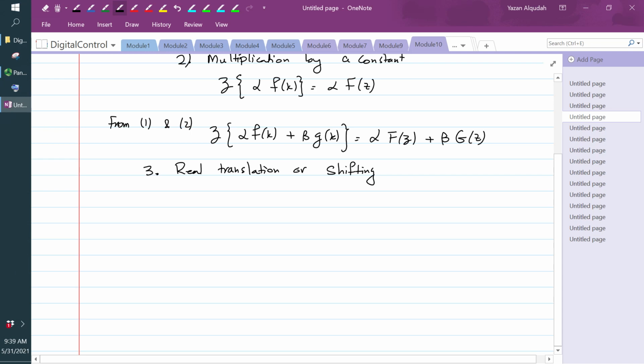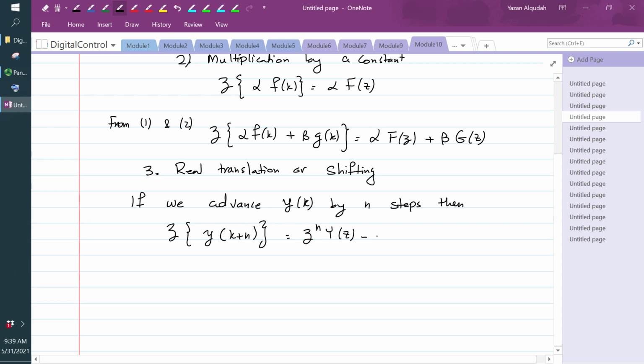What this property says is, if we advance y of k by n steps, then the Z transform of y of k plus n is going to equal z to n multiplied by y of z, minus z to n y of 0, minus z to n minus 1 y of 1, all the way to minus z y of n minus 1.